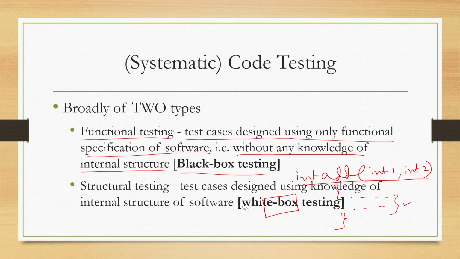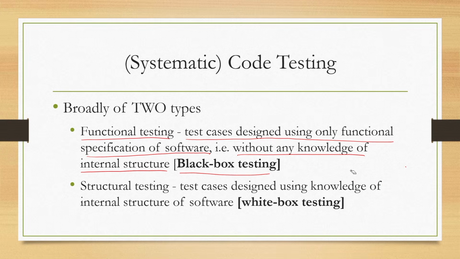As opposed to black box testing, there is another method that is called structural testing. Here we decide the test cases based on the knowledge of the internal structure of the code.